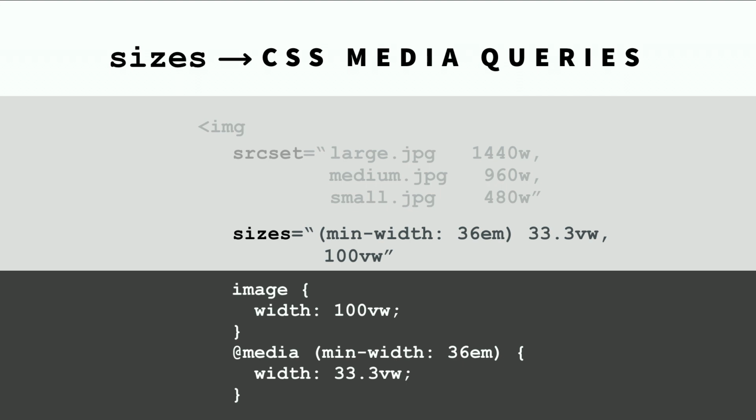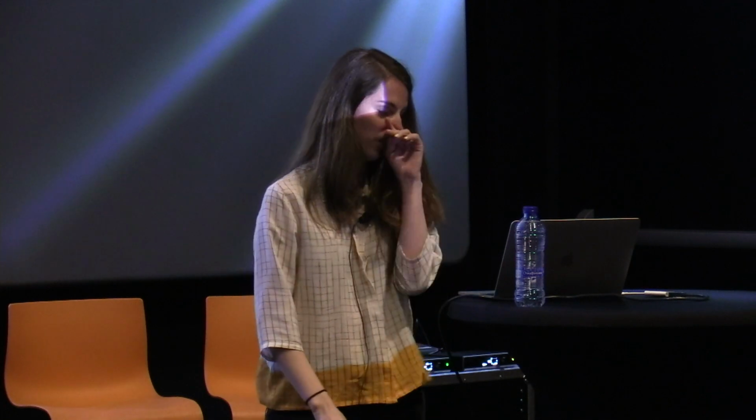This is the way you tell the browser, hey, we need an image that uses 100% of the viewport width, that is 100vw on mobile, for example, and then from 36ems, it's like media queries, so you can use pixels, ems, and rems, it has to occupy 33% of the space. So you are giving all this information to the browser, and the browser is going to decide which of the available images it is going to take.